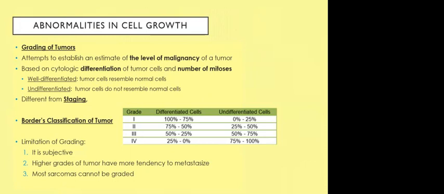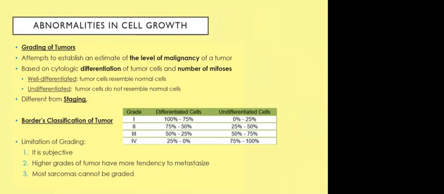Okay, ma'am, what is the difference between staging and grading of tumors? Staging is the stage 1, stage 2 classification, based on the size of the tumor, the extent of the spread of the cancer cells to the lymph nodes, and also the presence of metastasis. Those are the criteria under staging.